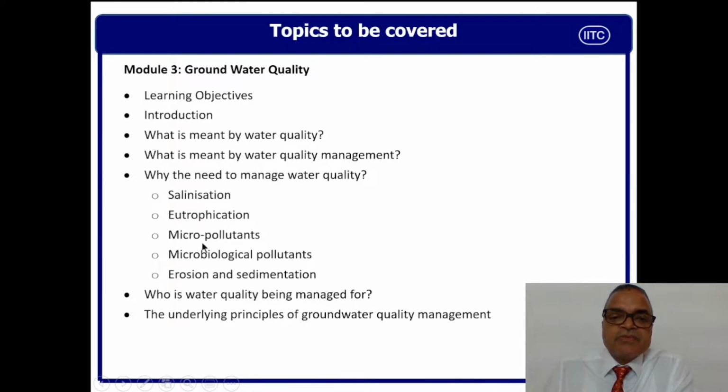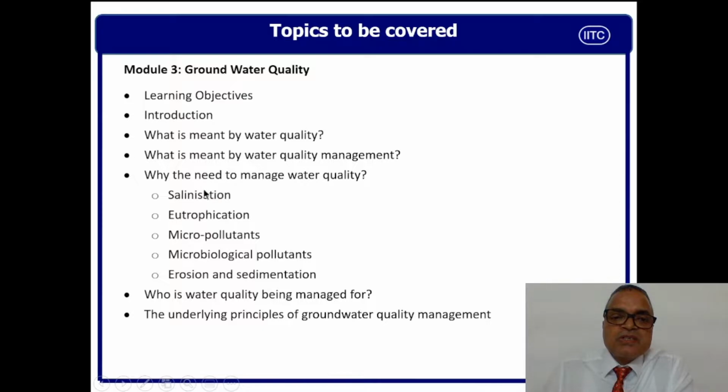There are different terms and terminology of quality. One is salination, second is eutrophication, third is micropollutants, next is microbiological pollutants, and erosion and sedimentation.